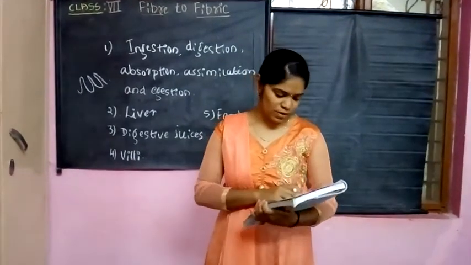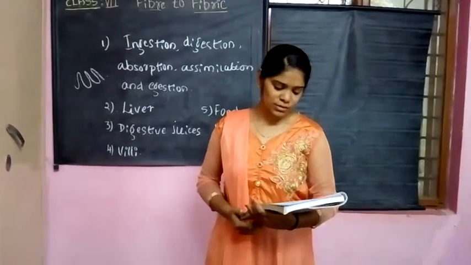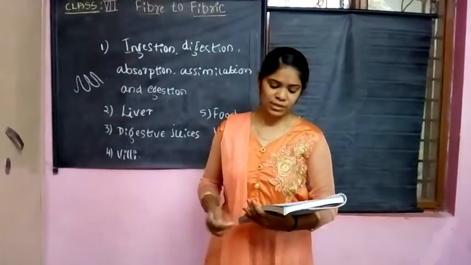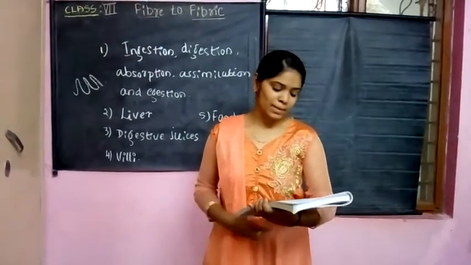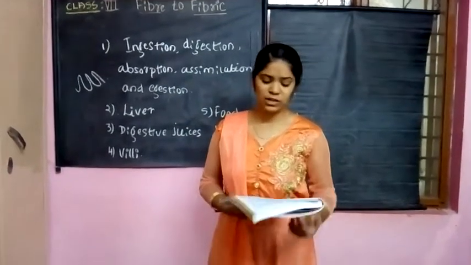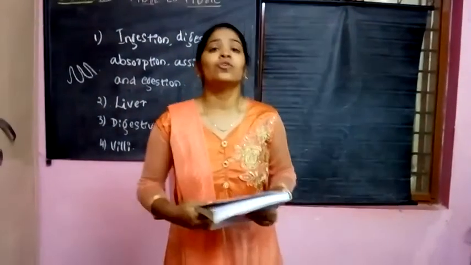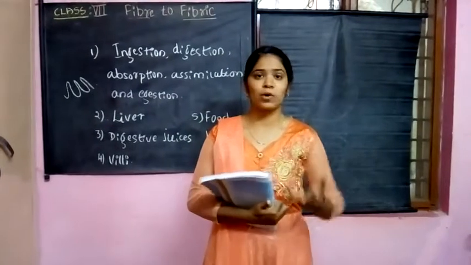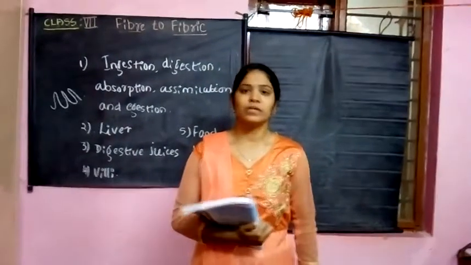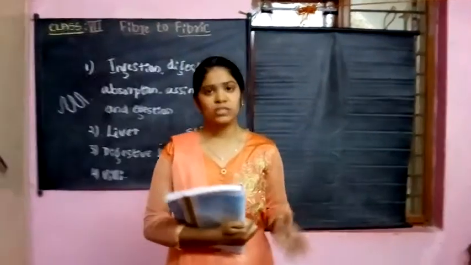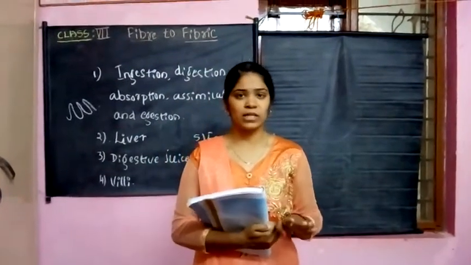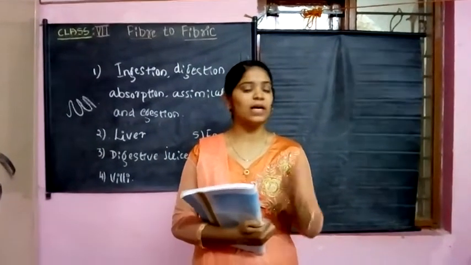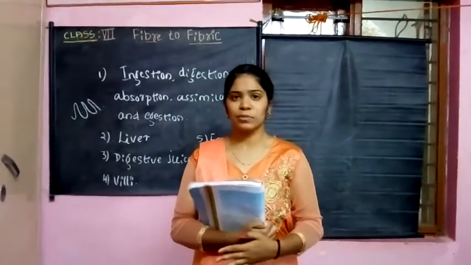Seventh question: name the type of carbohydrates that can be digested by ruminants but not by humans. Give the reason. Which carbohydrate? That is cellulose. Cellulose is present in grass material and can only be digested by ruminants, not human beings. Why?